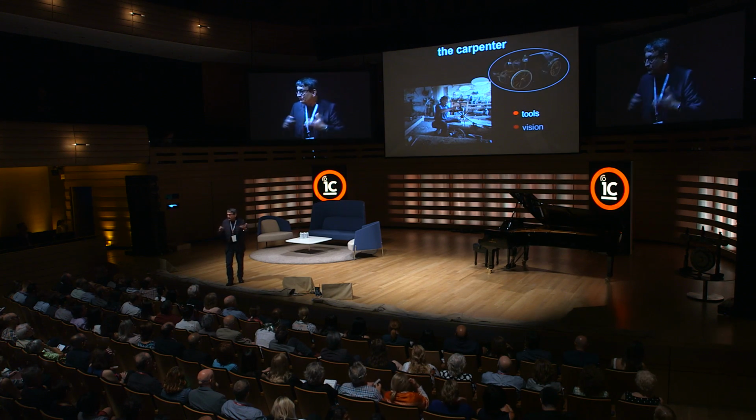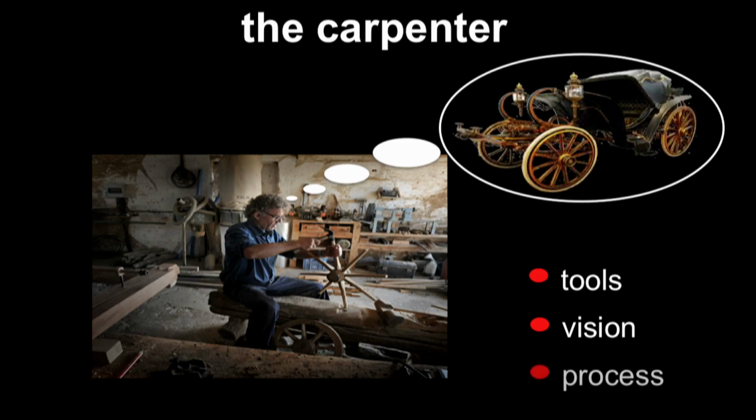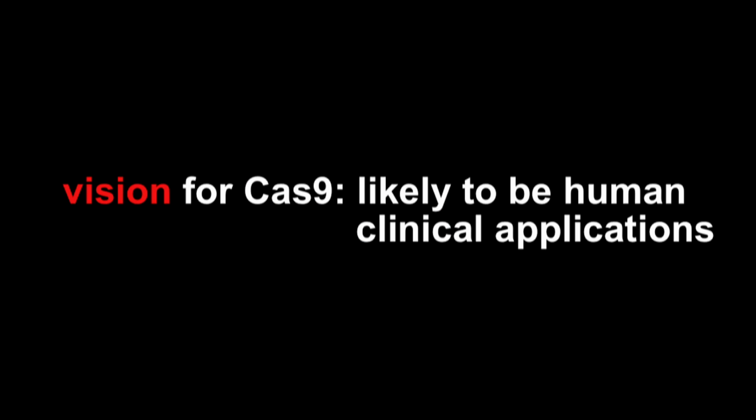And of course, like all carpenters, he or she thinks what they're going to make, so they have a vision that they want to realize, and they bring their experience and expertise and other knowledge to apply the tools to realize the vision. So I've spent a little bit of time talking about the tools, the CRISPR-Cas9, but what about the vision? Well, most people think that one of the major applications for CRISPR-Cas9 editing will be in human clinical medicine.